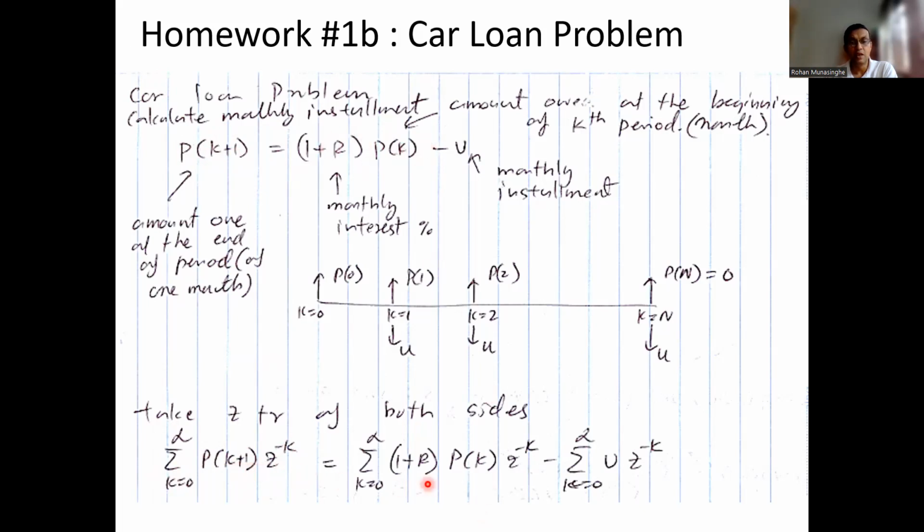And here is the same, summation 0 to infinity, whatever function given here, and then z to the minus k. Same here. Okay, the function given, which is a constant u, times z to the minus k. Sometimes people forget to do that and just keep it as u. No, you can't do that. It's a constant, the unit function, right? Every month you pay this amount.